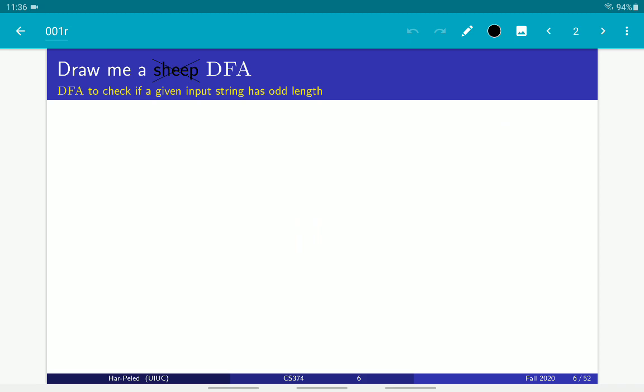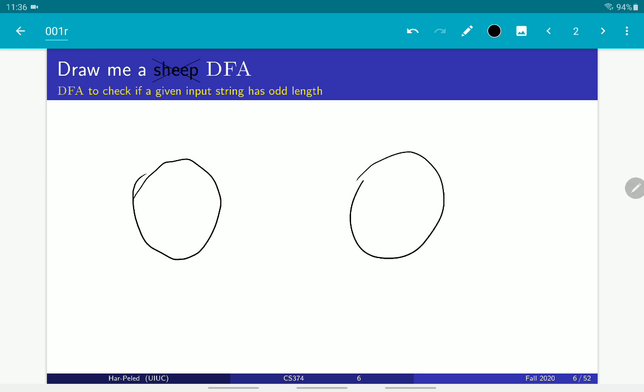So let's try to draw a DFA for determining whether the input string is of odd length or even length. We are going to have two states: the number of characters we read so far is even, and odd so far.